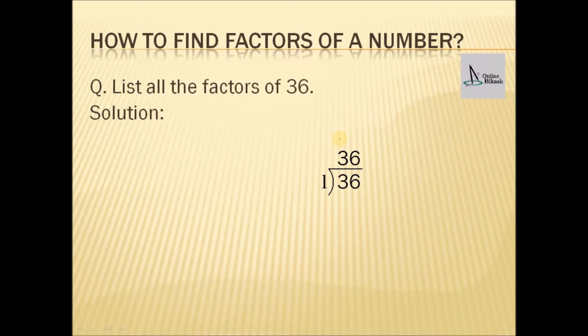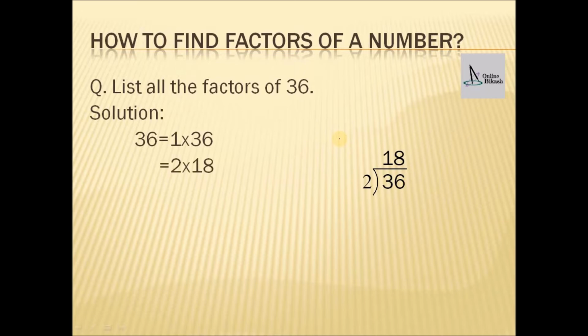Okay? So 36 is equal to 1 into 36. After that, can we divide it by 2? Can we divide 36 by 2? 2 18s are 36. It means 2 into 18.